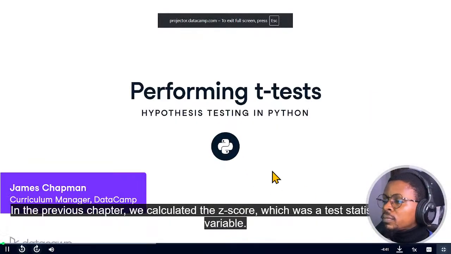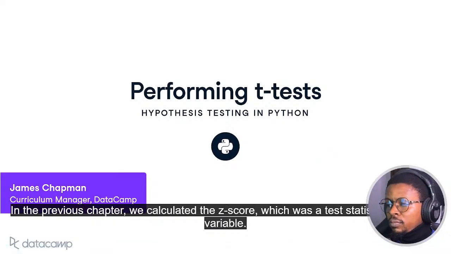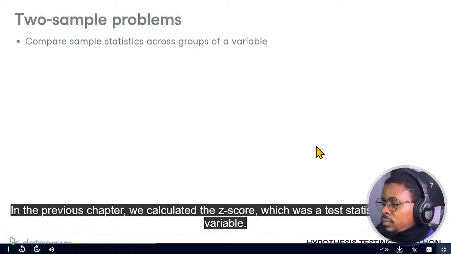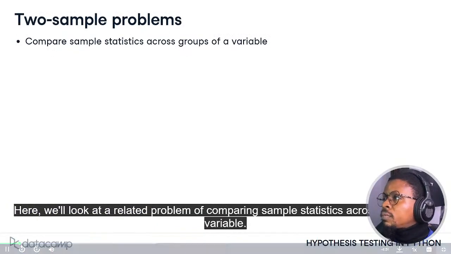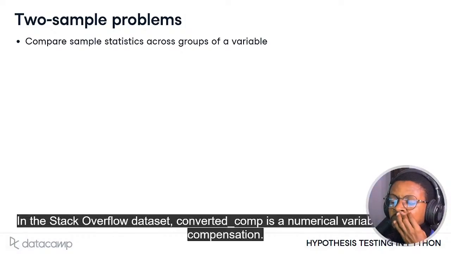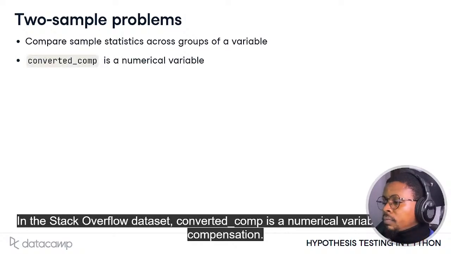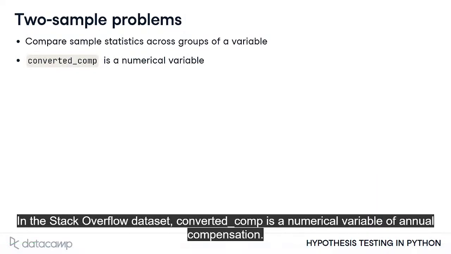In the previous chapter, we calculated the z-score, which was a test statistic for a single variable. Here, we'll look at a related problem of comparing sample statistics across groups in a variable. In the Stack Overflow dataset, converted comp is a numerical variable of annual compensation.